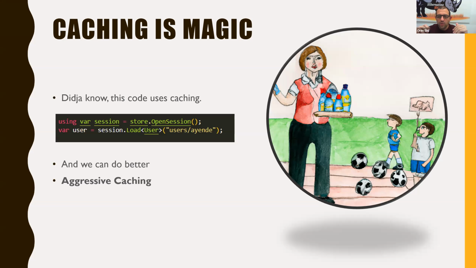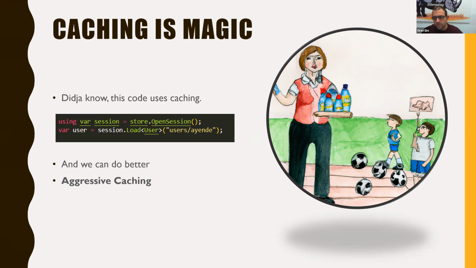So whenever you read a document from RavenDB, RavenDB tells you, here is the change vector, here is the e-tag for this particular document or this particular request. When you make the request again, the client will automatically tell the server, hey, I already got this particular version.